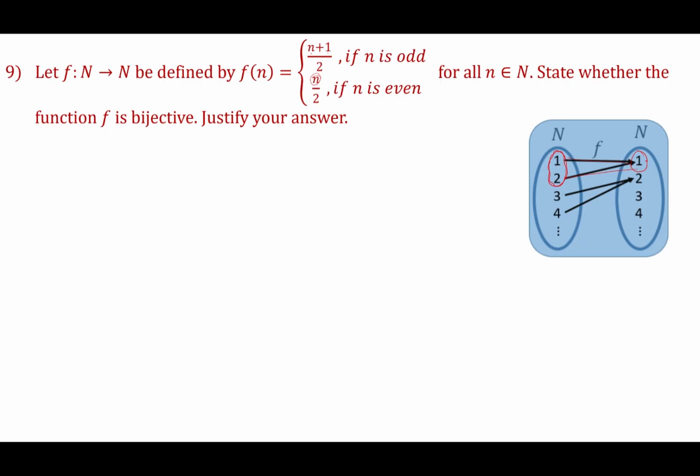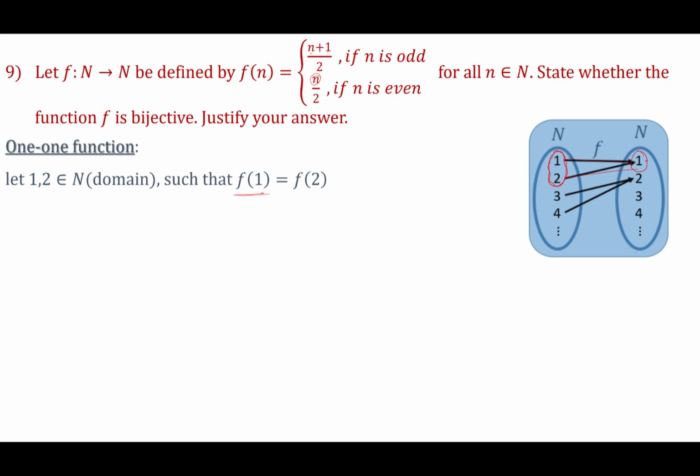Let us prove it. For 1-1 function, let any two elements 1, 2 belong to the domain such that f of 1 is equal to f of 2. For f of 1, I'm going to use this definition because 1 is odd, and for f of 2 I'm going to use n over 2 because n is even.